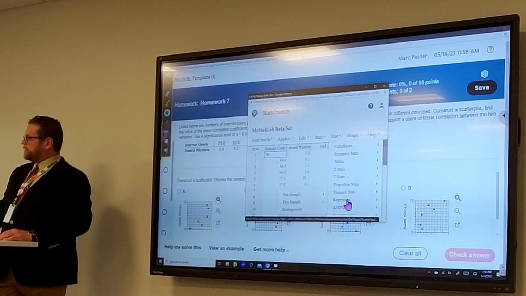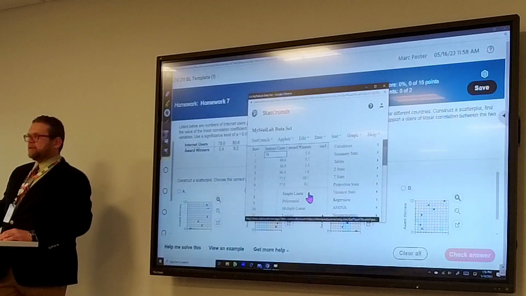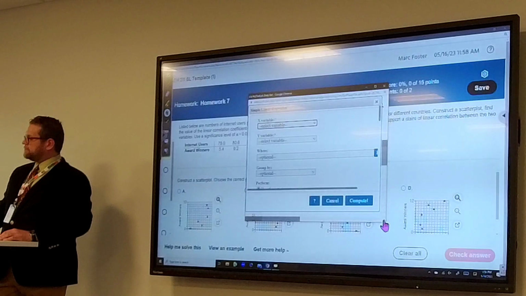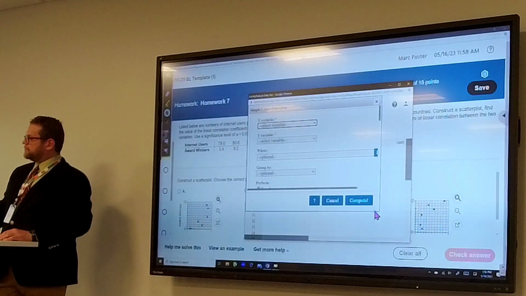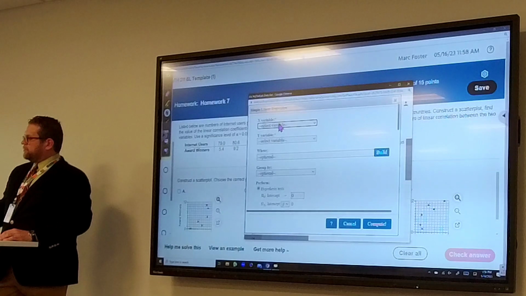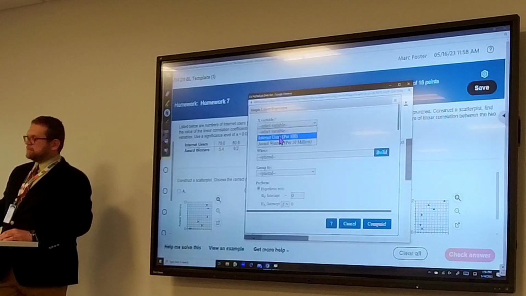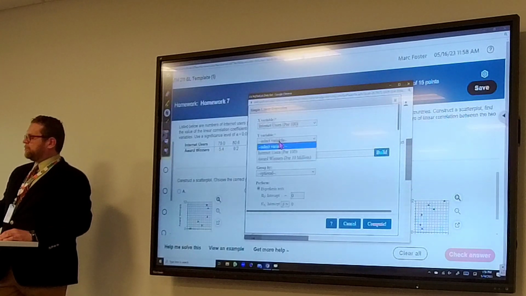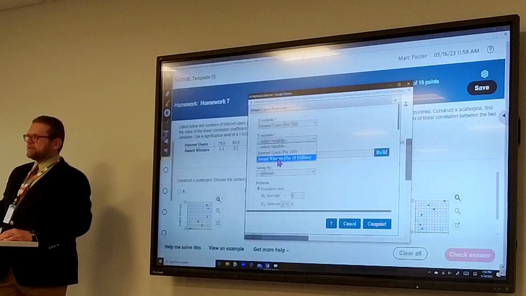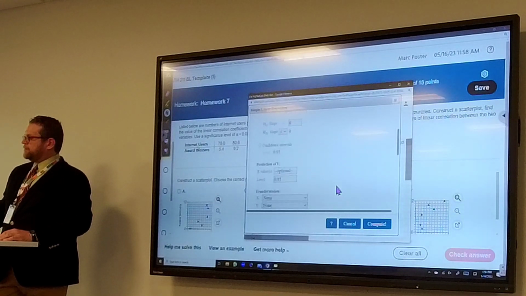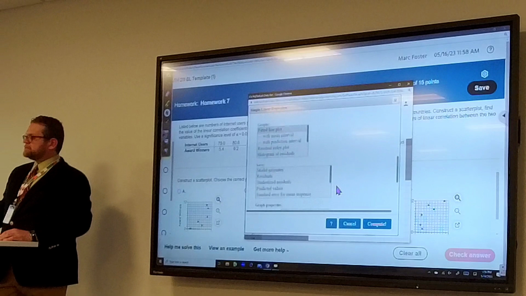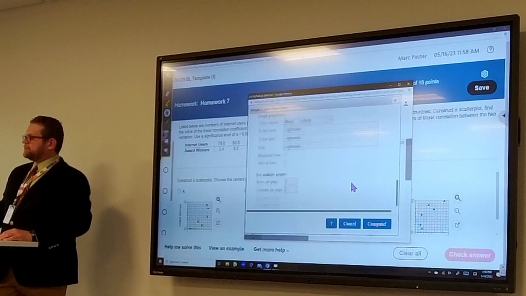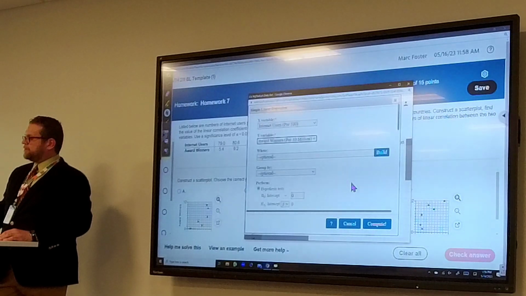Stat, Regression, Simple Linear. The X variable is always the first one. The Y variable, always the second one. And you don't do anything else. It's got a lot of options. You don't need to touch any of it.